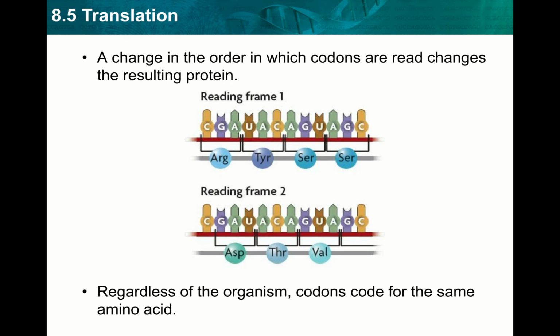So GAU is going to code for aspartic acid, whereas if you shift that reading frame, CGA is going to code for arginine. And that is going to change the resulting protein. So you have to be specific when we're looking at the 3-sequence codon.